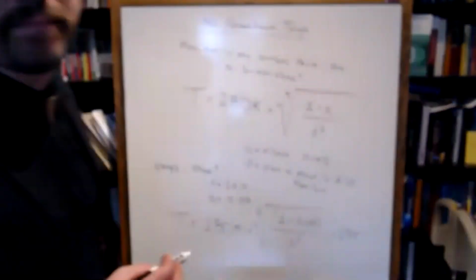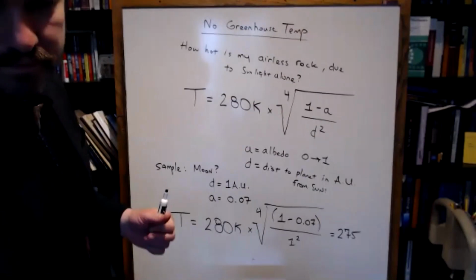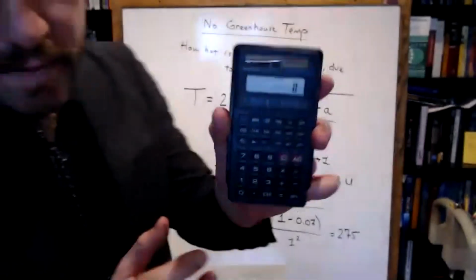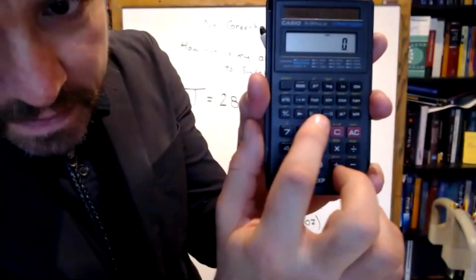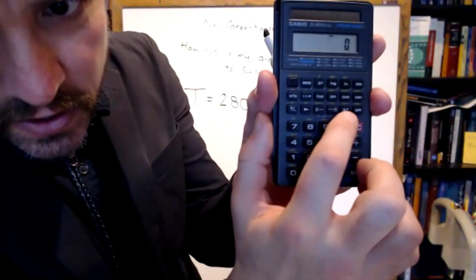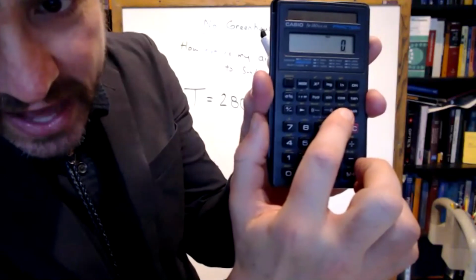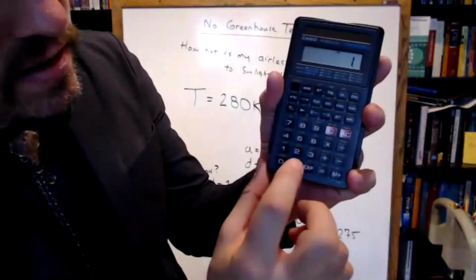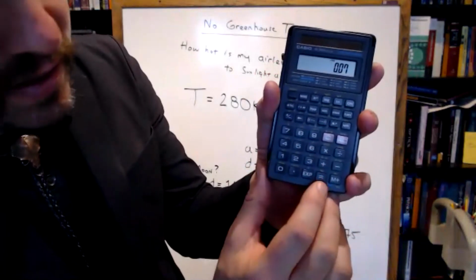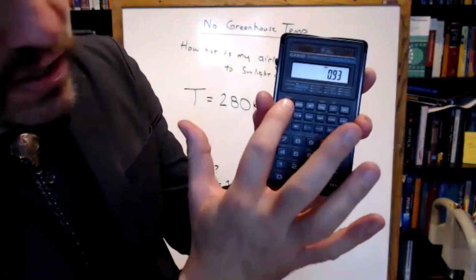Can you walk me through the fourth root again? Sorry. Sure thing. Okay. Jace, the fourth root is the same as the power of 1 over 4. So it's the orange menu above x to the y, right? So I'll do 1 minus 0.07 equals 93%.